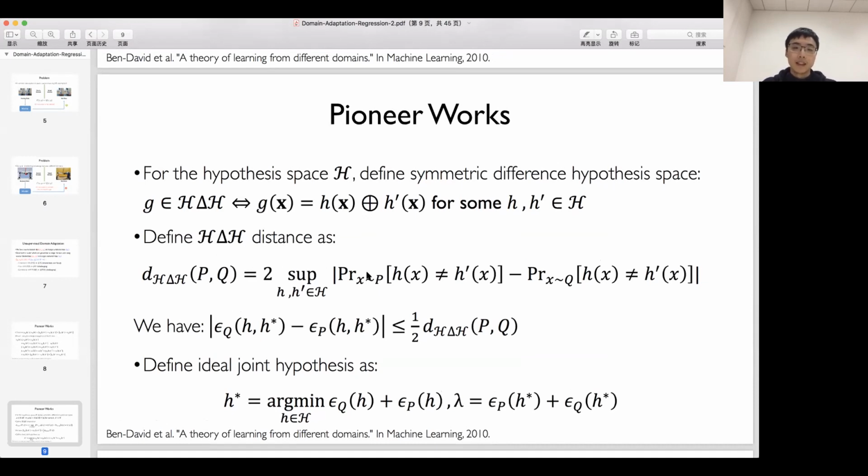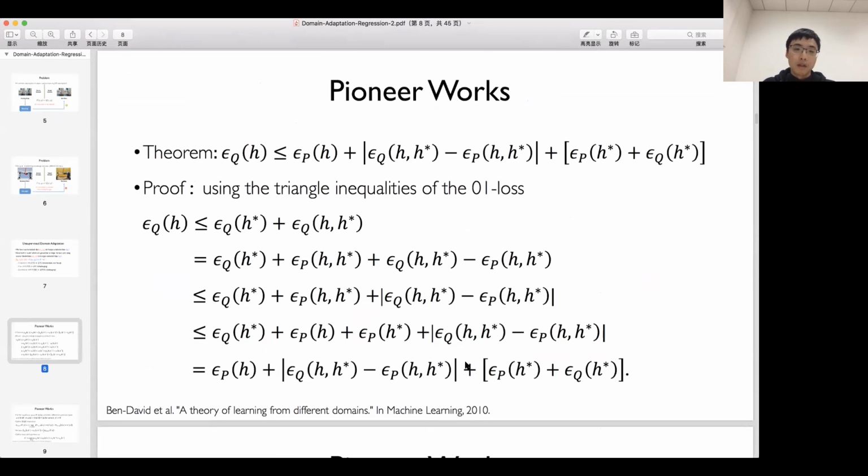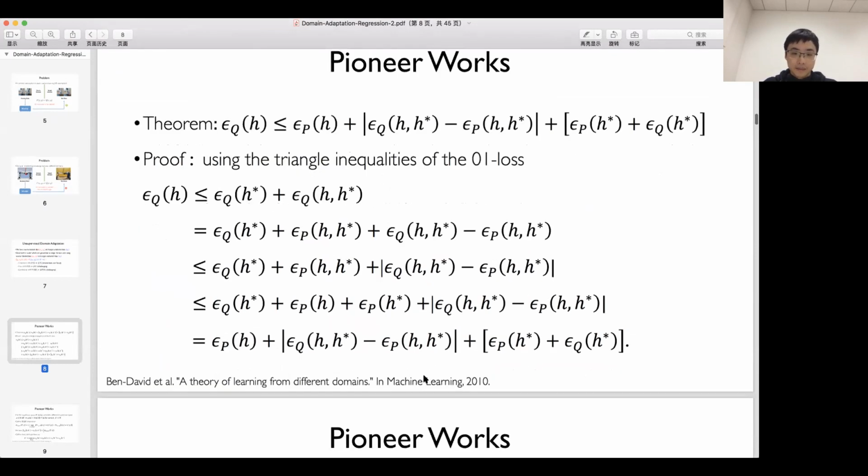It is the disagreement between two hypotheses in H under distribution Q minus the disagreement of two hypotheses in H under distribution P. So we can find that in this inequality, the second term can be bounded with the H delta H distance.